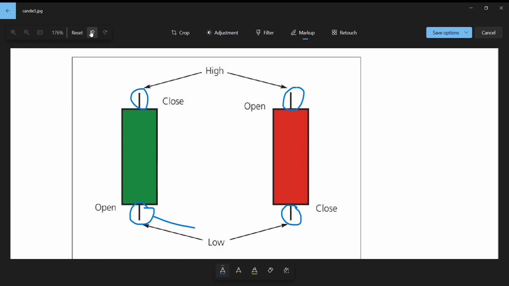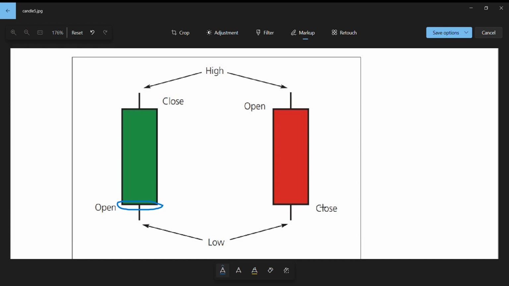All right, now I want to deal with this aspect called open in the green candle. You look at this level, it is called open, and open for the green candle.